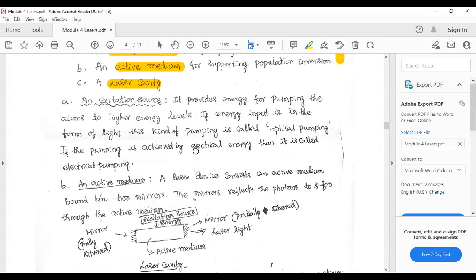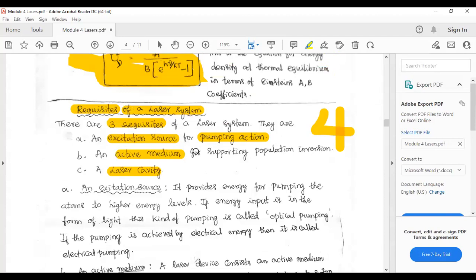These two appear similar, but they are different. In the requisites for a laser system, we list out the materials required, and in the condition part we discuss the mechanism. You have to understand this, otherwise you will lose 4 marks very easily. I don't know why they have split the syllabus like this, but this is a very important question.